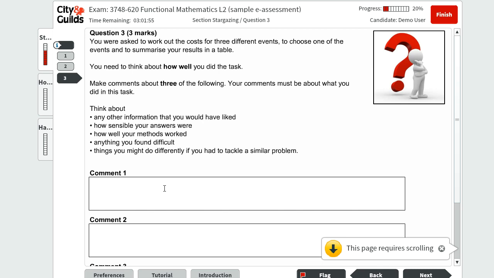I would suggest to start with whatever you feel more comfortable with. In our case, when they're asking how sensible your answer were, because we chose the cheapest, that's how you can explain in the first comment. And I will also give you examples for the other 2 that we'll be leaving out.